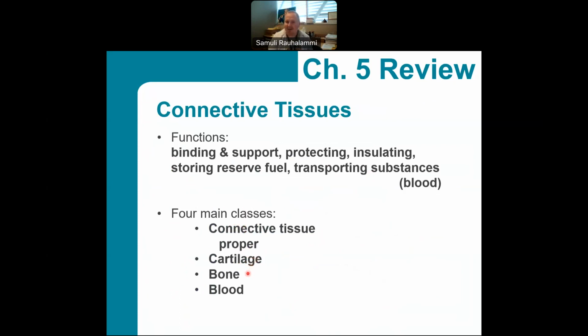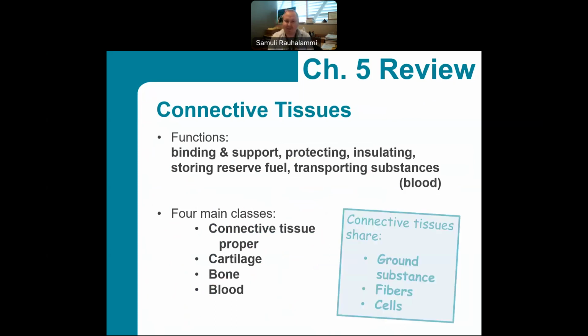There are different types, different levels of ability to handle forces, different elasticity. When we talk about bones, again, we can further classify bones into spongy and compact bones. We'll talk about that when we get to the skeletal system. And finally, we had our blood, and obviously with the blood as well, we have many different elements that go there: red blood cells, white blood cells, plasma, and so on.